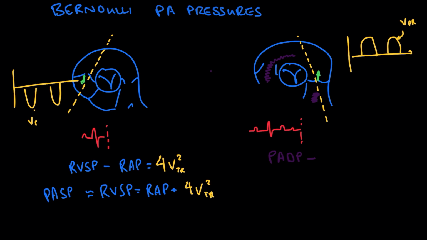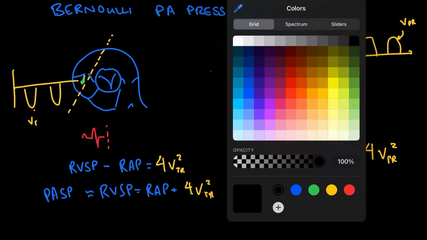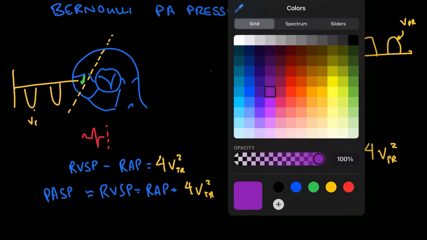So we can actually say the pulmonary artery diastolic pressure minus the right atrial pressure is equal to 4 times our velocity of the PR jet squared. Hope this color is not too light for you, that you can still see it. I'll do a little bit of a brighter purple here.